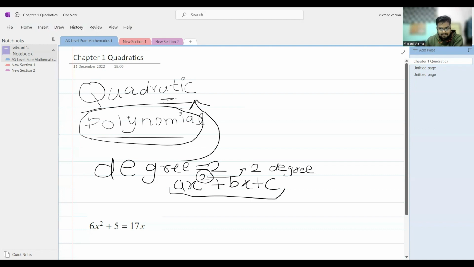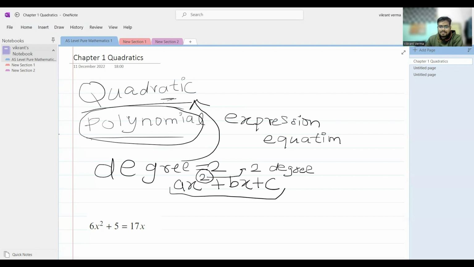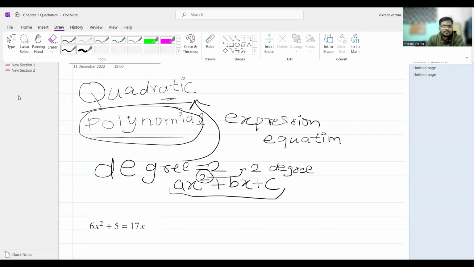Now you have understood what a quadratic is, and for example this is an expression. In mathematics you must know the difference between these two terms, expression and equation. These are two standard terms used in mathematics.